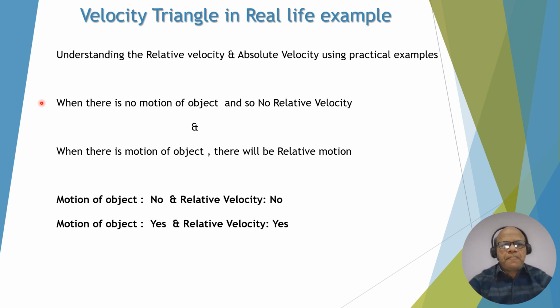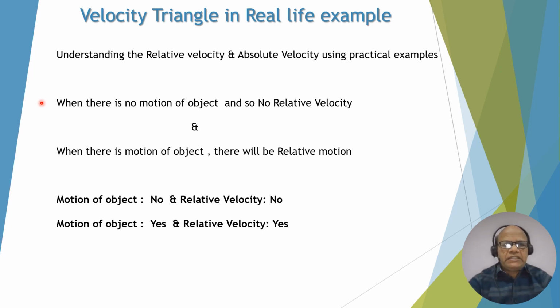What is relative velocity and absolute velocity? If there is no motion of the object, there is no relative velocity. And if there is a motion, certainly you will see the relative motion or relative velocity.